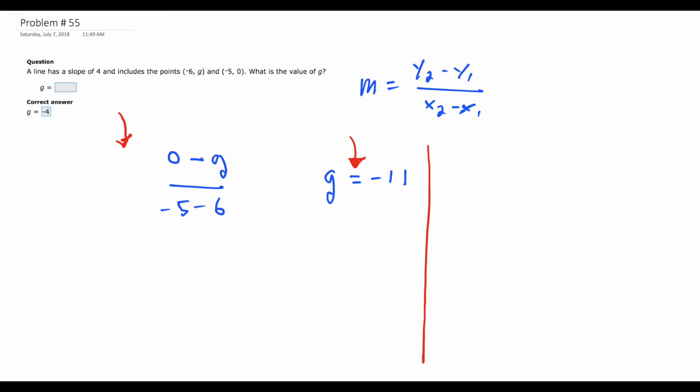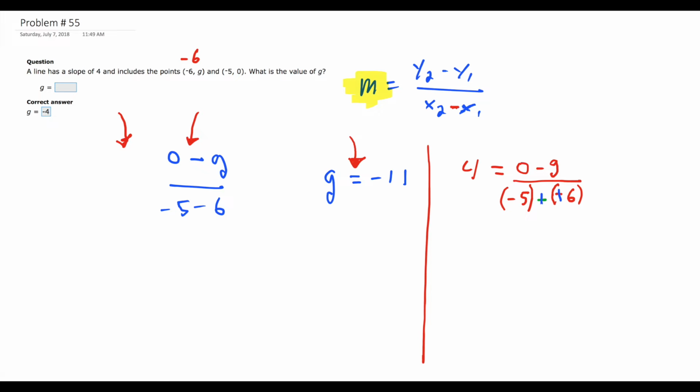It says the slope is 4 equals. The top part's right? So 0 minus g. Bottom part, okay, next one is negative 5, x2 minus x1. So it's going to be negative 5, and then minus x1, negative 6.